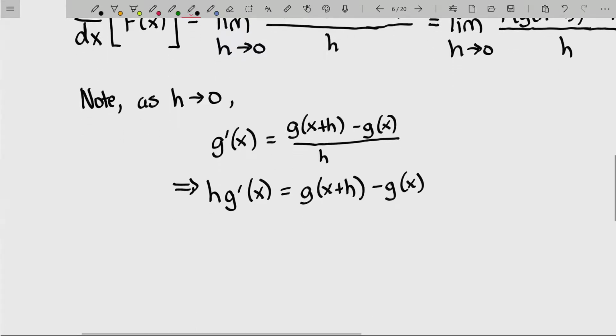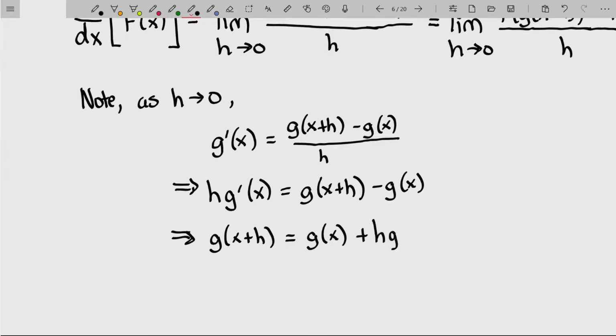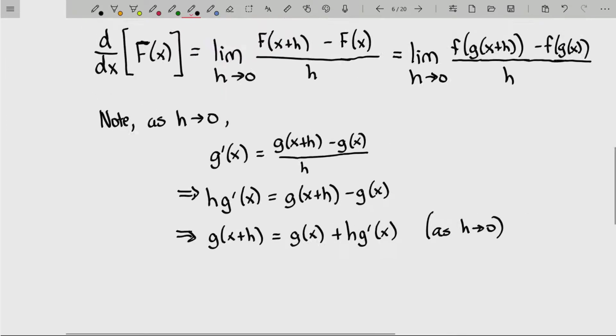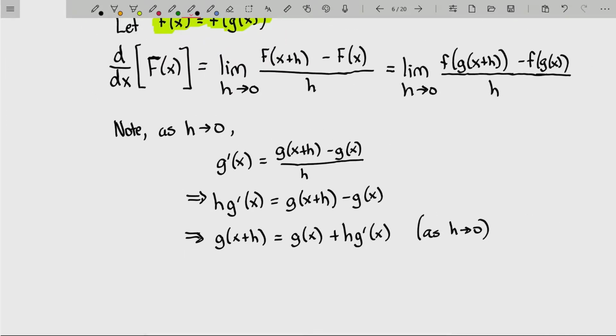And this implies that g of x plus h, as h approaches 0, is equal to, let's see, I'm going to move the g of x to the other side, so g of x plus h g prime of x. Again, this is as h is approaching 0. Now, this is true because g is continuous.